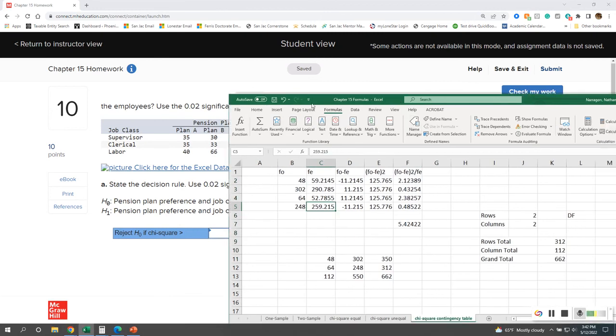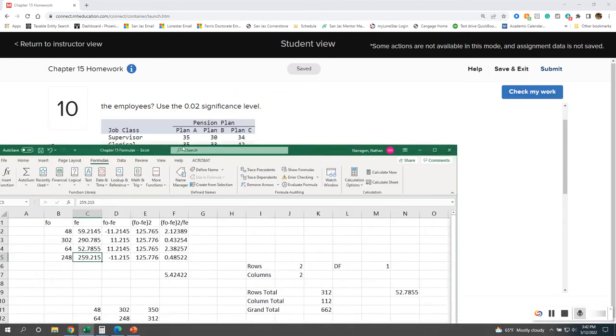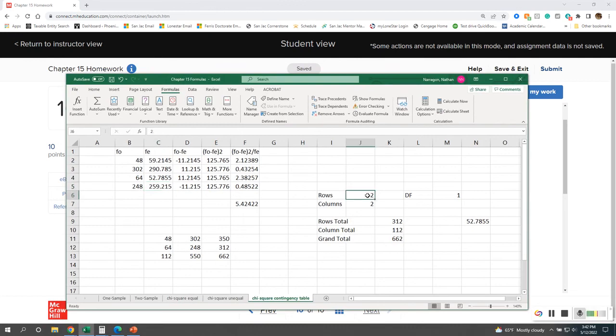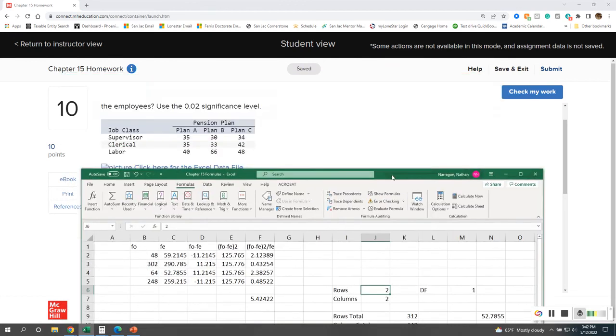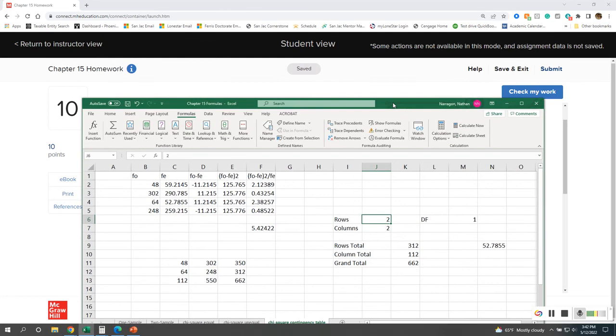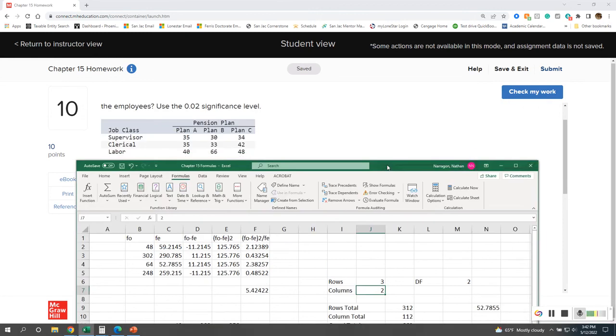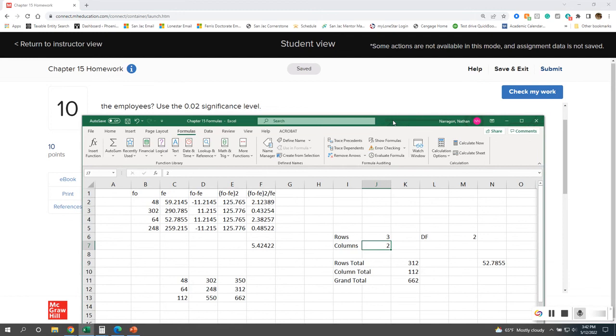But once we recognize it's contingency, it's going to be the rows. How many rows we got? We have 3. So 3 minus 1 is 2. Then we have 3 columns. 3 minus 1 is 2 also. So that means our actual degrees of freedom is 4.